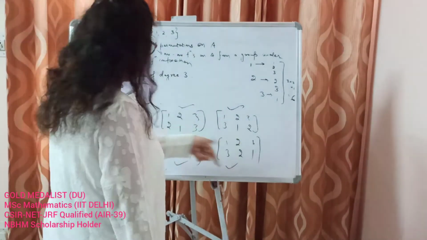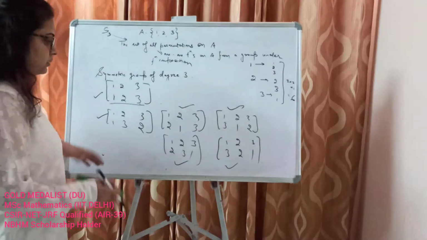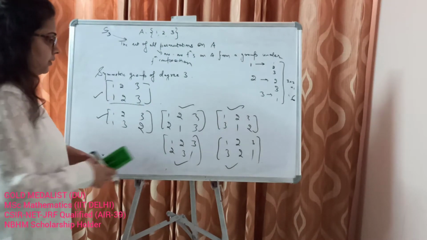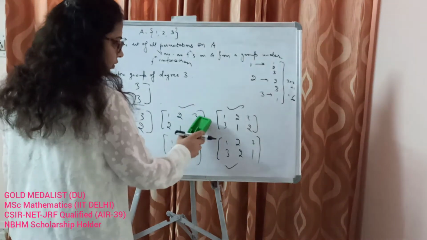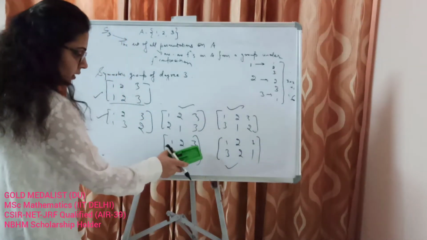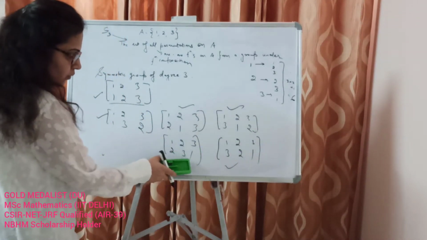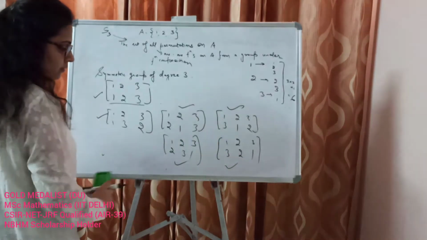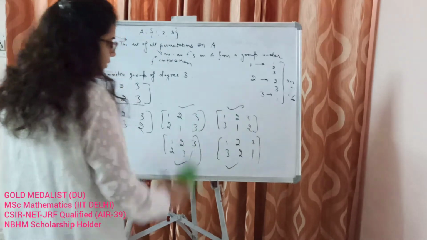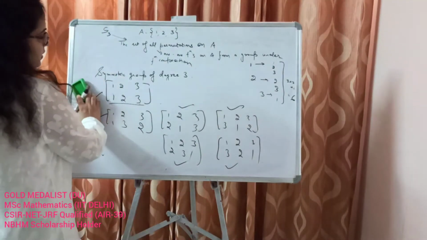Then here 3 goes to 1, 3 goes to 2. This is different, alright. And these two, 3 goes to 3, this is different. 3, 1 is the same, but 2, 3 and 2, 2 is different. And how are these two different? 1 goes to 2 and 1 goes to 3. So these are 6 distinct elements.